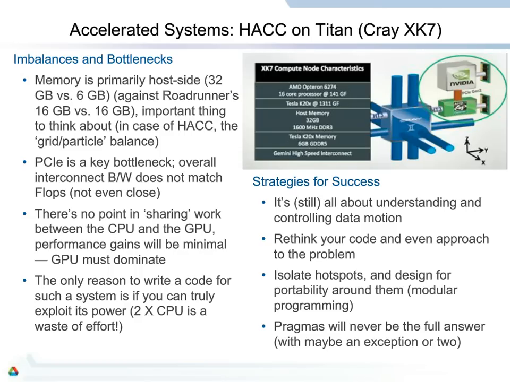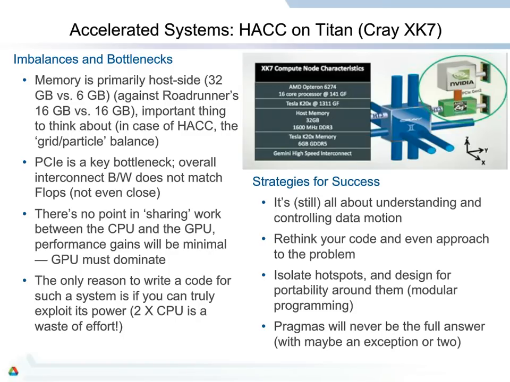We put all the particle information on the cell side, the accelerator side, and all the grid information, because our code is a hybrid code with both grid and particle information, stayed on the side of the Opterons, because most of the computation was done on the particle side. However, you cannot do that on the XK7, because all the memory is sitting on the host side.